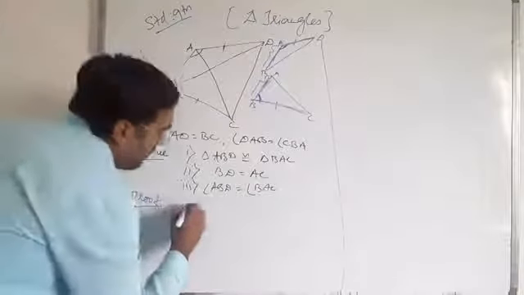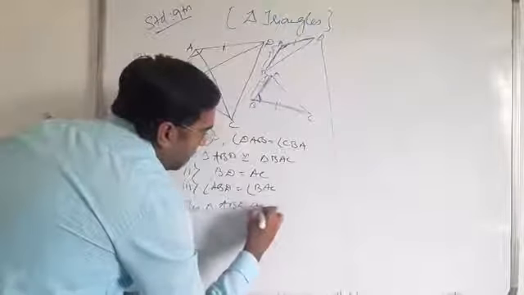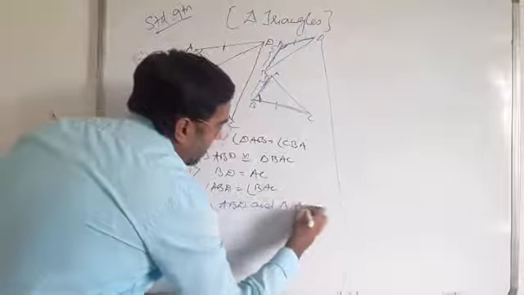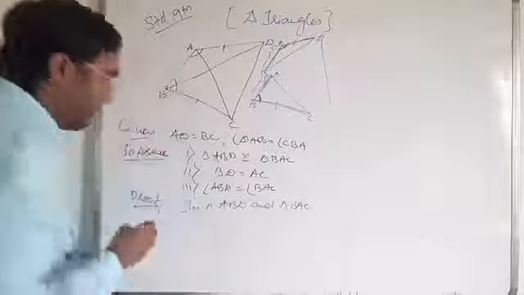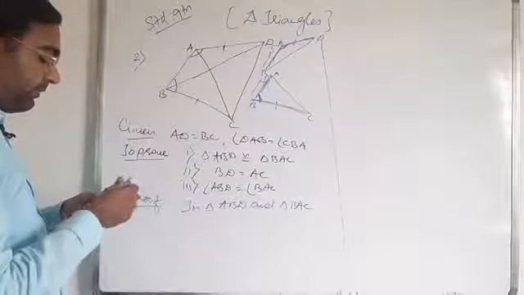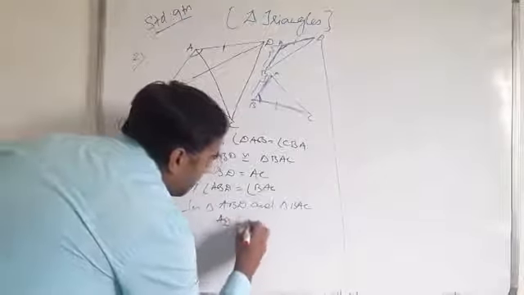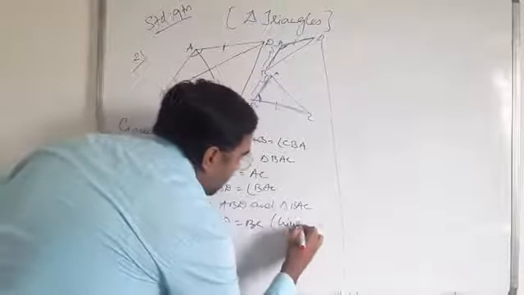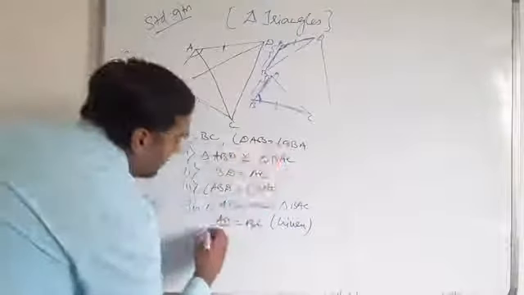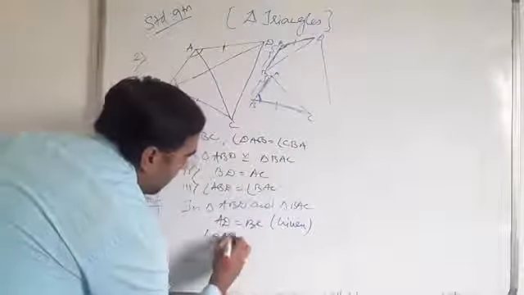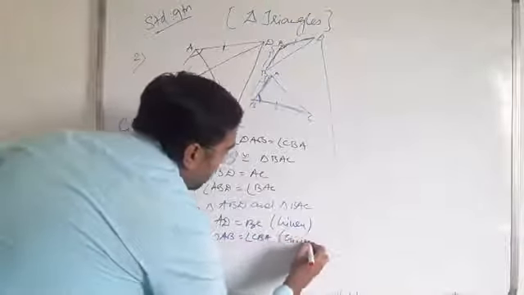So in triangle ABD and triangle BAC, first of all AD is equal to BC, that is given. Second thing, angle DAB is equal to angle CBA, that is also given.